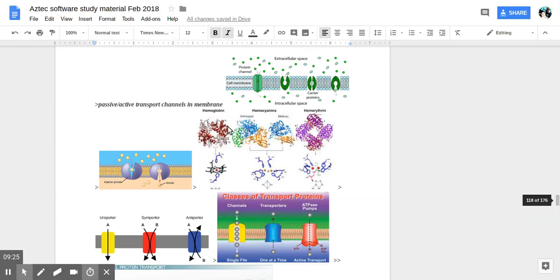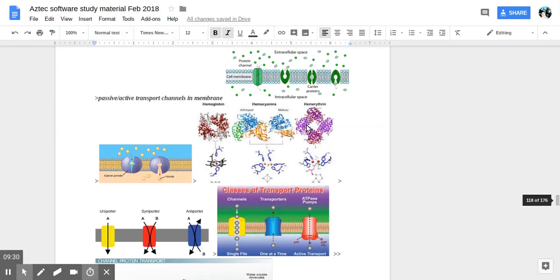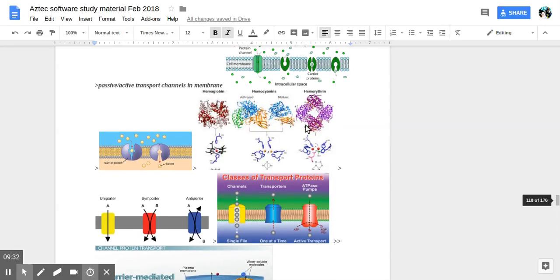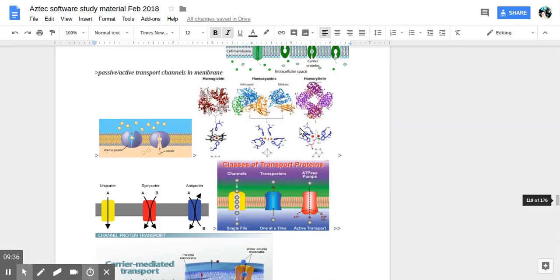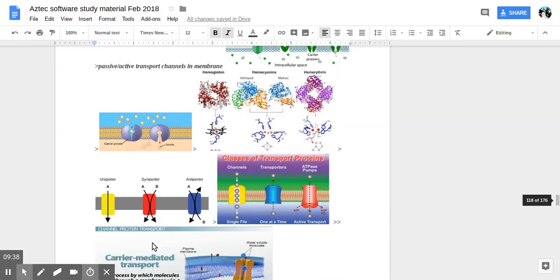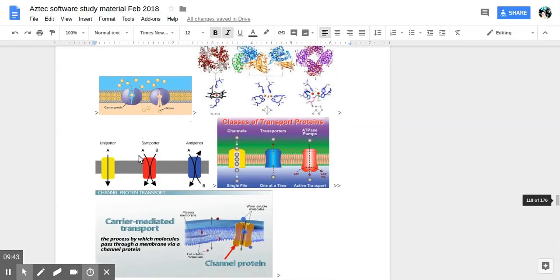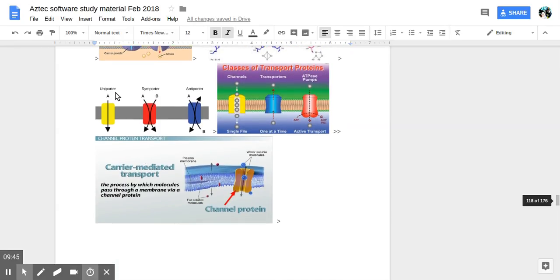Some examples here: hemoglobin, hemocyanins, hemerythrin. Okay, so these are some cartoons showing uniporter going one direction, symporter, two different molecules going in one direction, and antiporter, one molecule in one direction, another molecule in another direction. We'll continue in the next part.